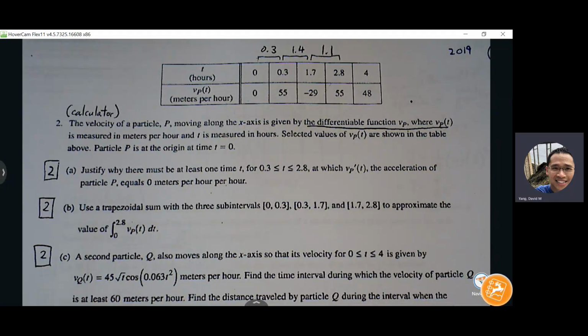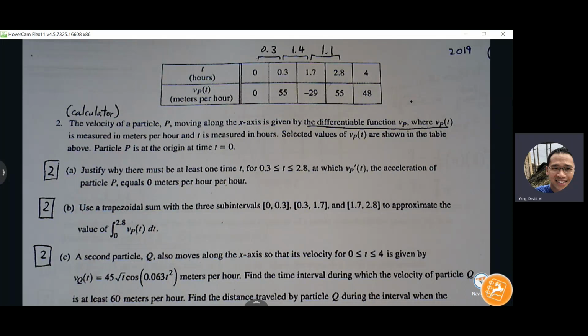Justify why there must be at least one time between 0.3 and 2.8 where the acceleration of the particle is equal to 0. So we know that acceleration is the slope of velocity. So if this is the velocity graph, can you imagine a point where the slope of this velocity graph is going to be 0?